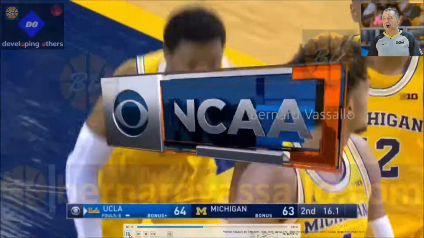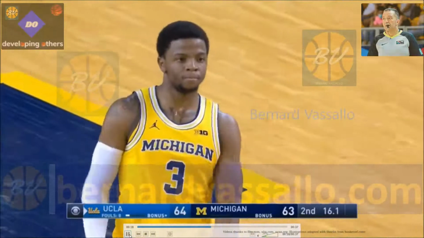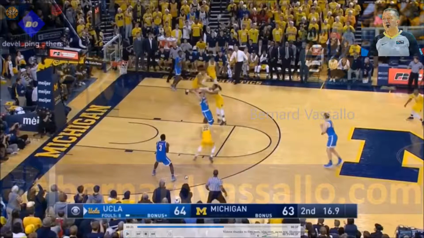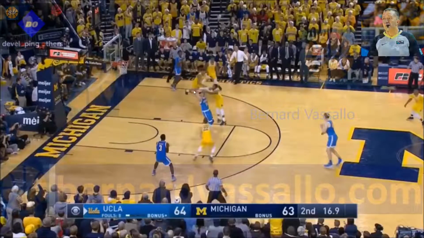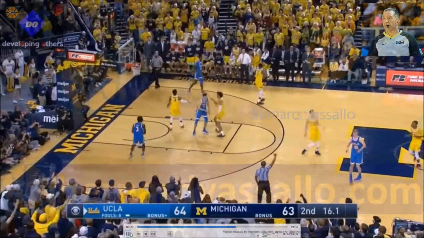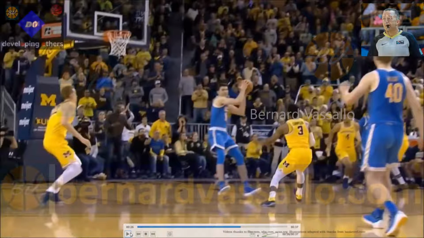Is this a foul? Let's see the action all over again. Here, the player in yellow is going for the ball. Initially touching the ball. Everything is legal. But then makes contact with the elbow of the blue player.